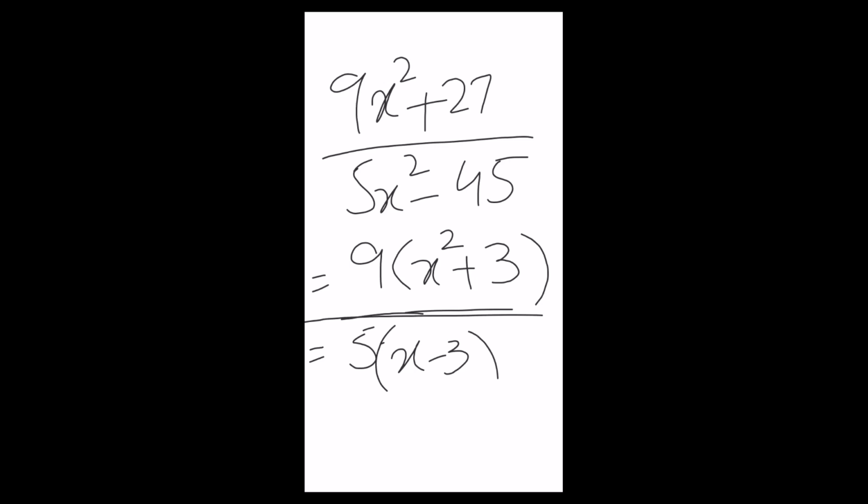Now we have one more term as well. If we have x minus 3, it means this kind of term gets involved in the factorization. So for x squared minus 45, one term will come in minus and one term will come in plus.